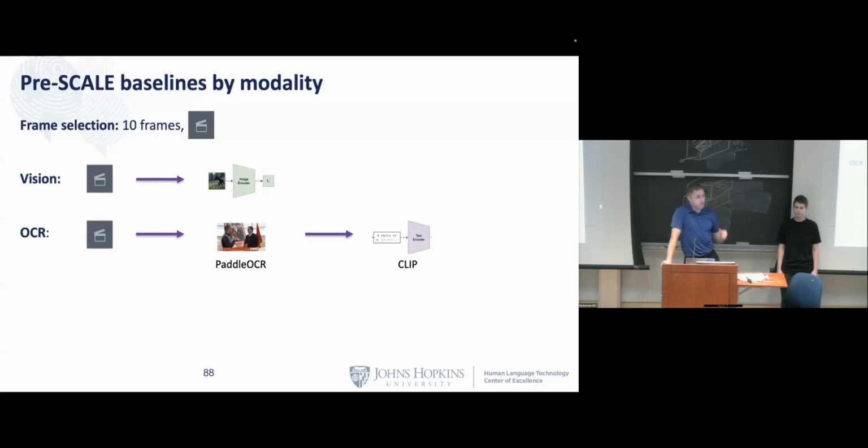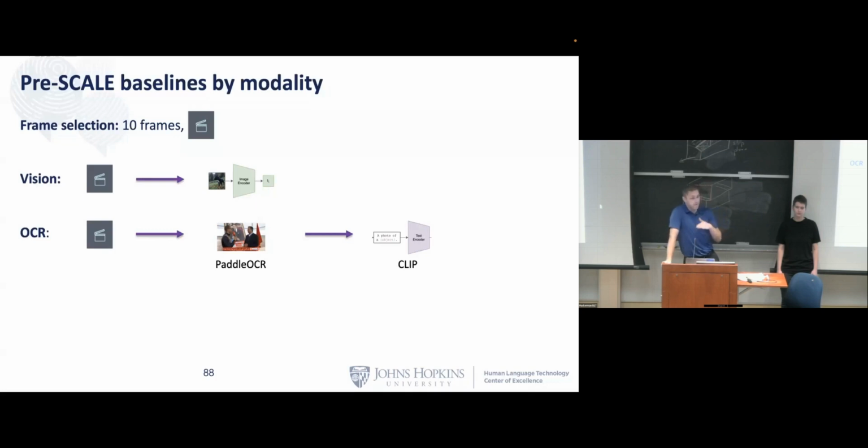For OCR, we again took the 10 frames from PySceneDetect. We passed them through an open source architecture known as PaddleOCR, and they have lots of different models. We ended up choosing the English model because the other languages, they were actually pretty good at Chinese as well, so we used Chinese, but all the other languages were extremely poor, with over 50% character error rate. So it was effectively not doing anything.